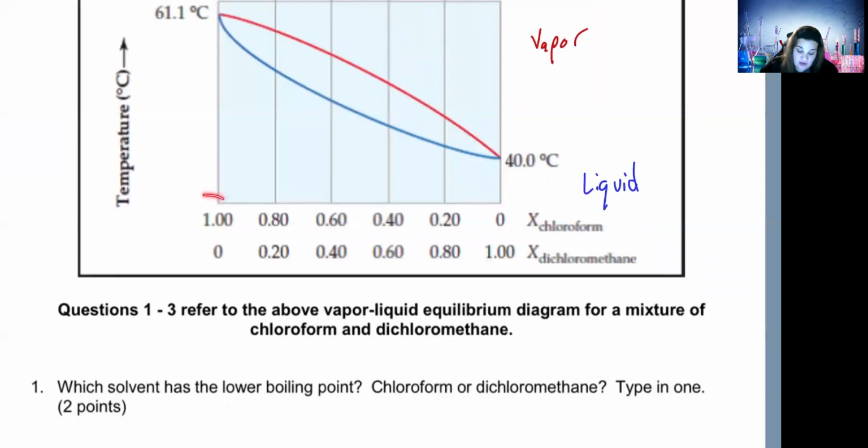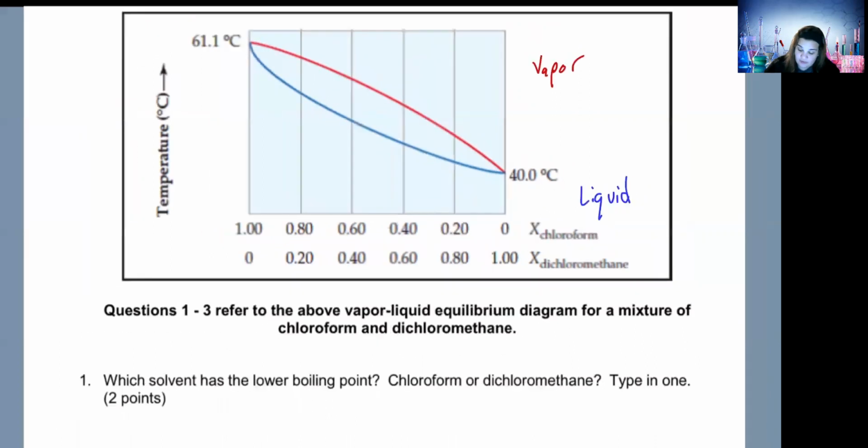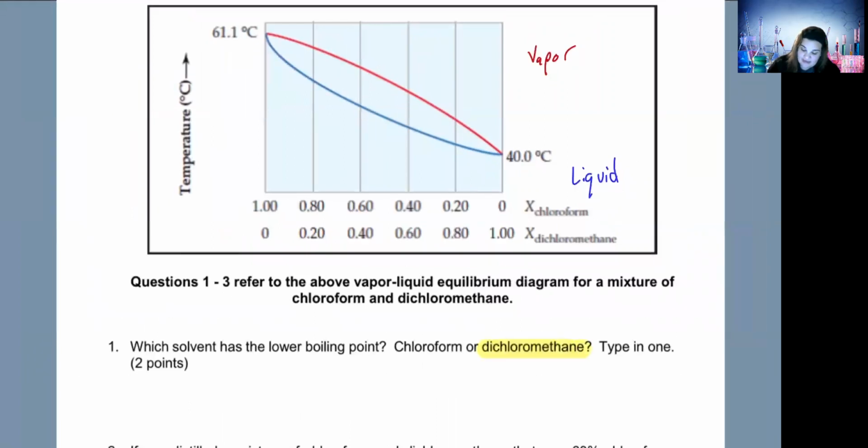Over here, we have 100% chloroform and no dichloromethane. So what does that mean? That means the boiling point of chloroform is 61 degrees Celsius, and the boiling point of dichloromethane is 40 degrees Celsius. So which solvent has the lower boiling point? That's going to be dichloromethane. Okay, I hope that makes sense to you.